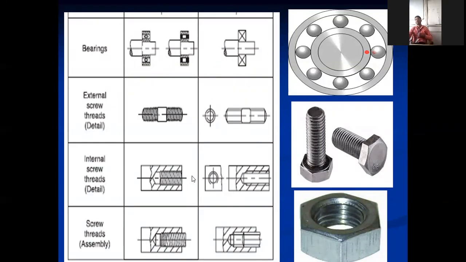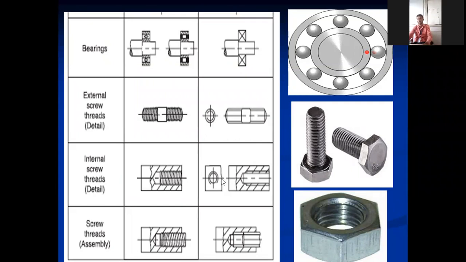Next one is threading. Types of threads. What does it mean by thread? In mechanical engineering, what does it mean by threading? What do we say in Marathi for threading? आट्या. So nut and bolt are very famous components.